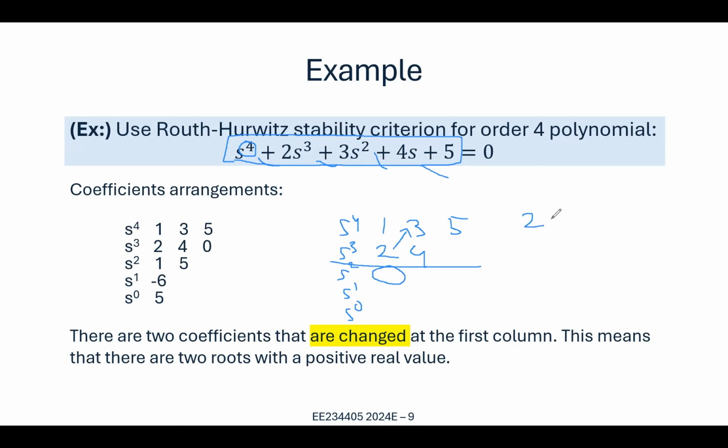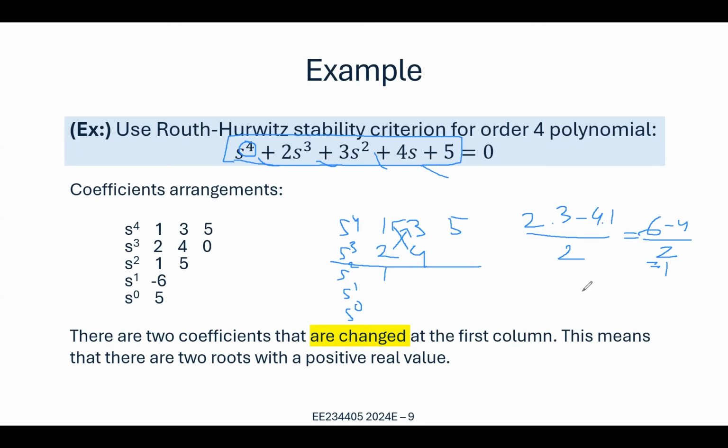We multiply diagonally: 2 times 3 minus 4 times 1, divided by the pivot value, which is 2. So this is 6 minus 4, divided by 2, and this is 1. So we can now say that the value here is 1.